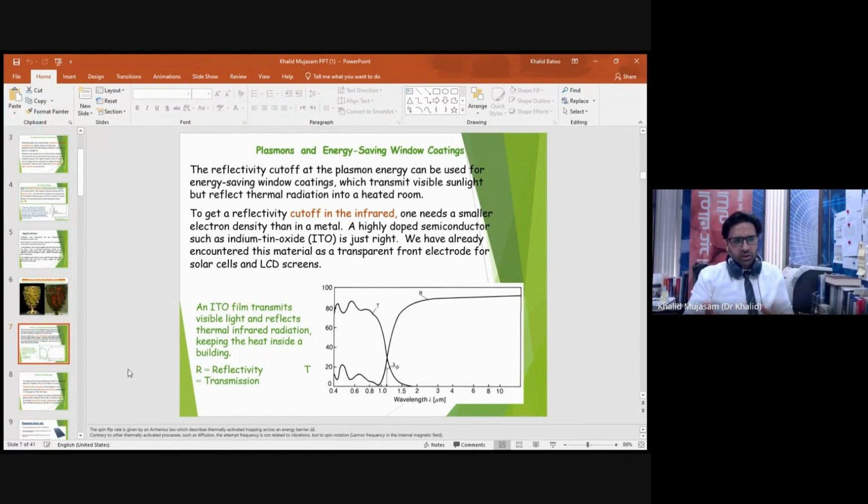Now the reflectivity cutoff at plasma energy can be used for energy saving window coating, which transfers visible sunlight but reflects thermal radiation back into the part of the system where it exists. So, for example, where we are using these kinds of materials, we have already encountered many transparent front electrodes.